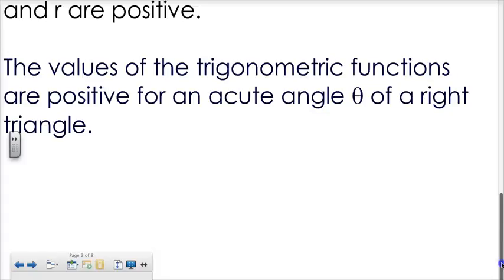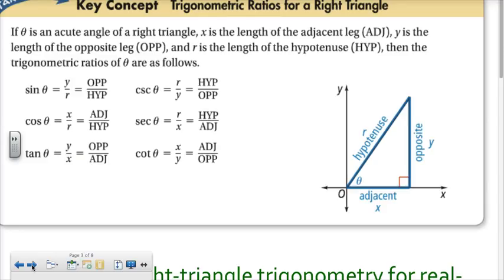Now comes what you are very familiar with, and that is the SOHCAHTOA piece. So if theta is an acute angle of a right triangle, x is the length of the adjacent leg, and we're just going to use ADJ to stand for that. Y is the length of the opposite leg, OPP, and R is the length of the hypotenuse, HYP.